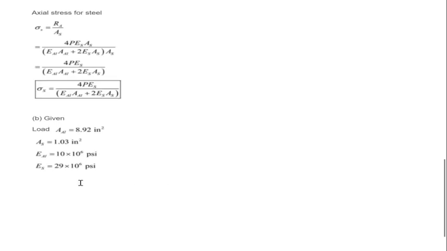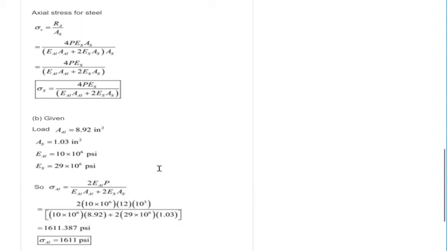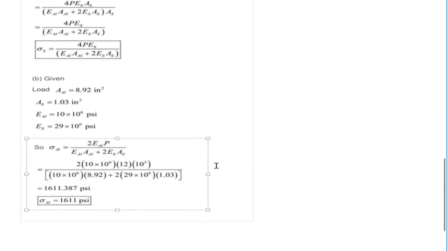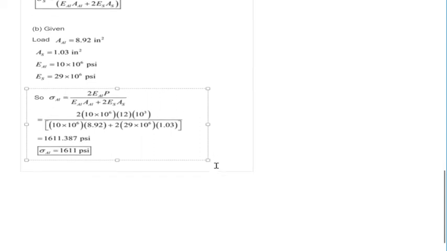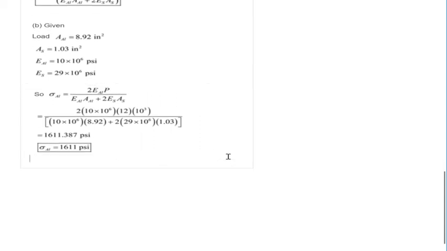By replacing it into this formula, we'll find that the stress in the aluminum will be approximately 1,611 psi. I rounded the numbers. And the stress in the steel would be approximately 9,346 psi.